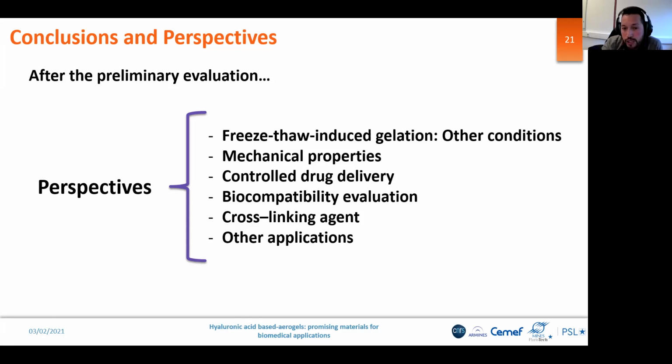I started to do the tests for drug delivery. Of course, we are focused on these materials for wound application, so we need to do the biocompatibility evaluation, evaluate other types of material, introducing a cross-linking agent, and other applications, not only wound dressing.